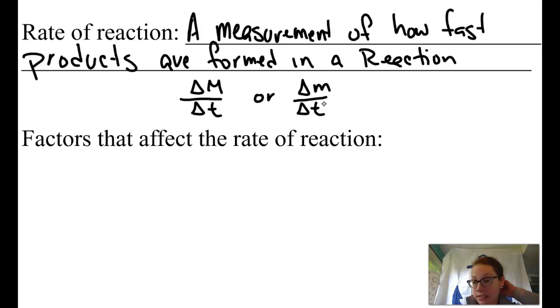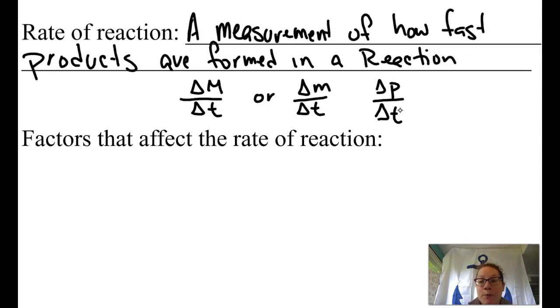If you were creating a solid, then it would be the mass, or if a gas was being released or created, you could even do the change in pressure over the change in time. But those units never really come up very often, so you don't worry too much about them.